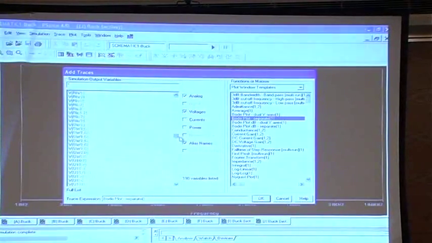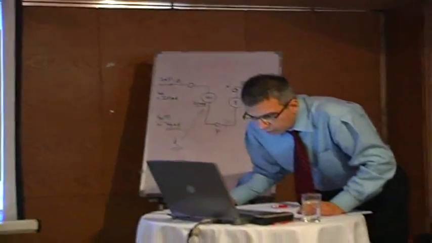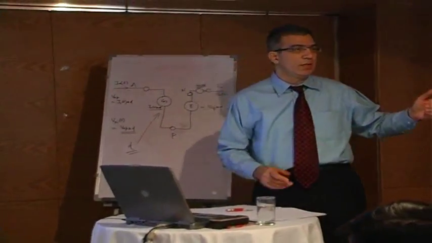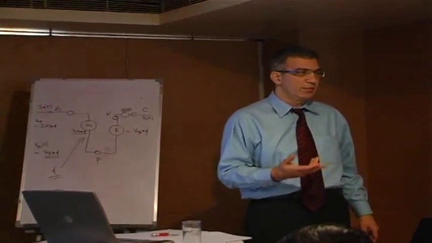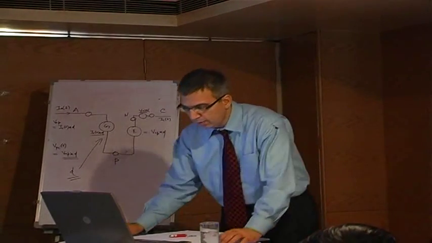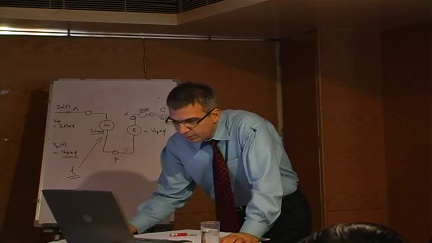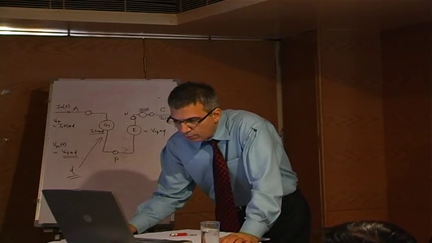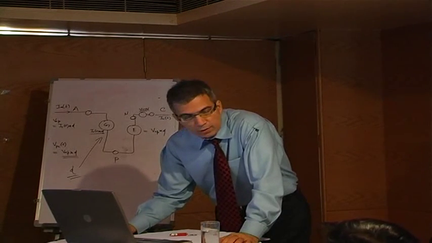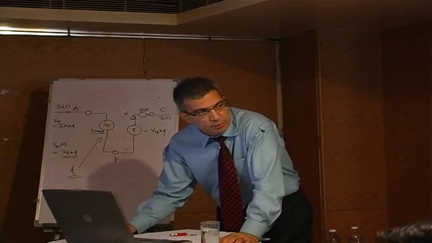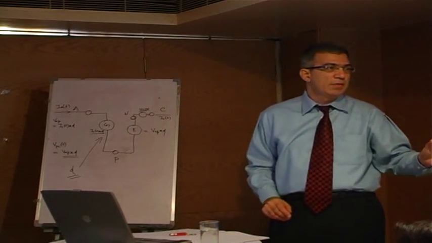I can just type it. Okay, here's V out 1. Because my V in is 1 volt, I don't have to divide by V in. This is just 1, so I can just plot V out. When you plot this, on the top you essentially have your phase plot, and this is your gain plot for the power stage.